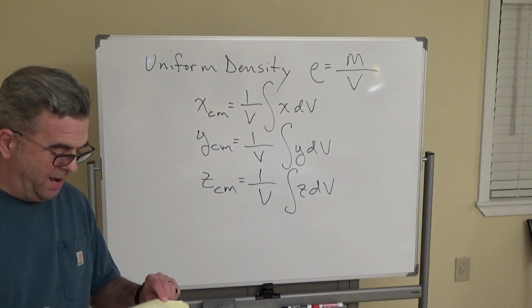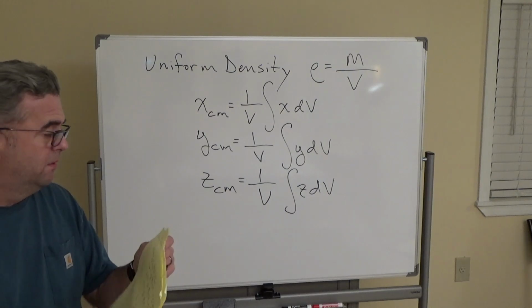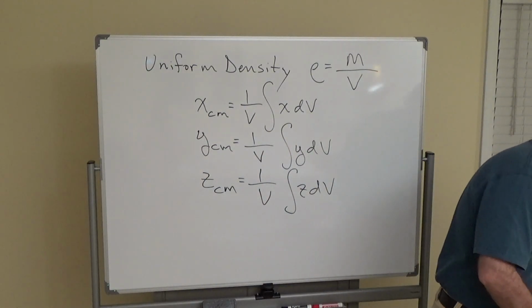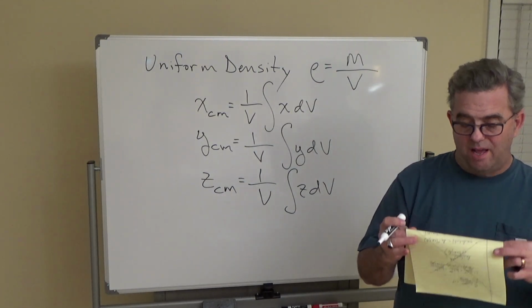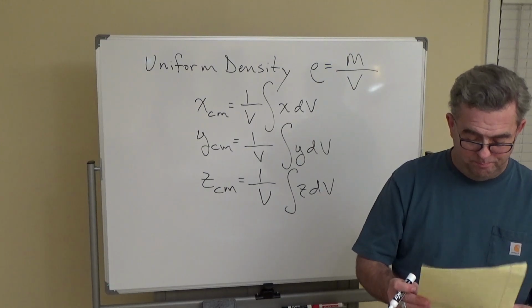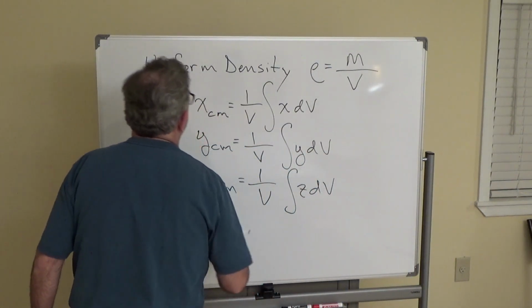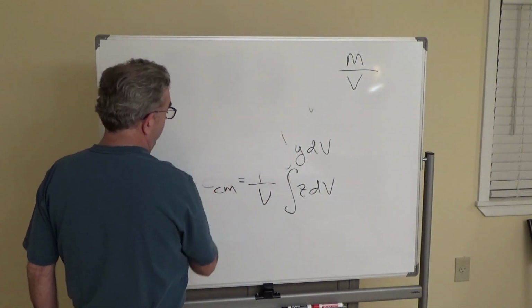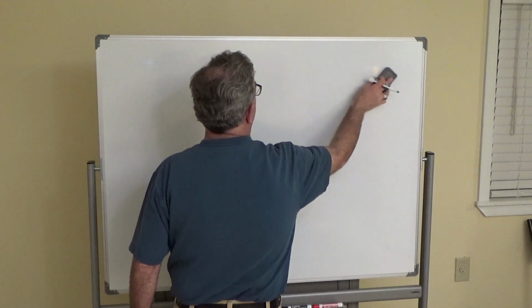Let's do an example of this. Okay? And this example is pretty contrived. It's not difficult. This is very similar to what you've done in calculus, where you break things up into rings and shells and calculate volumes.